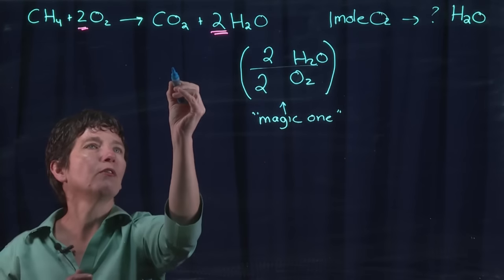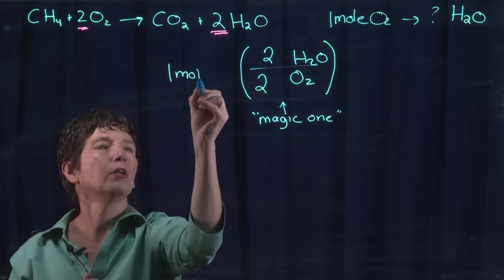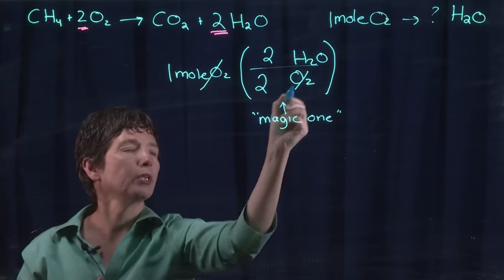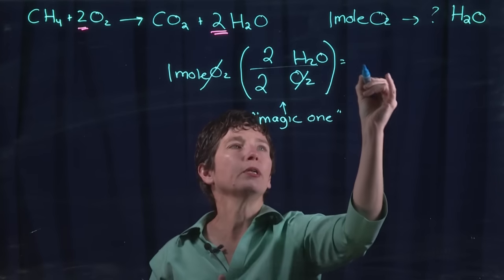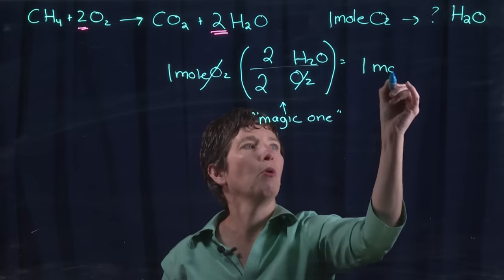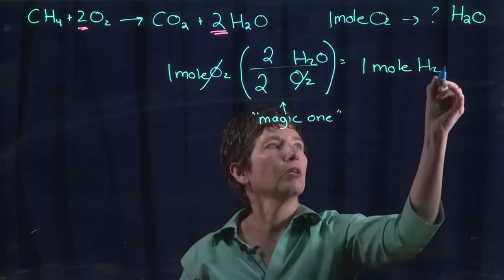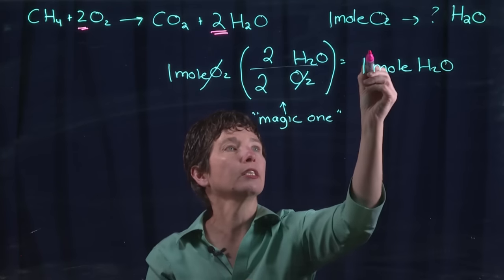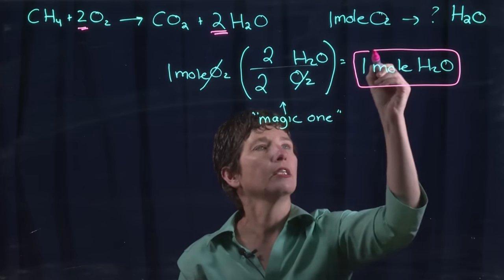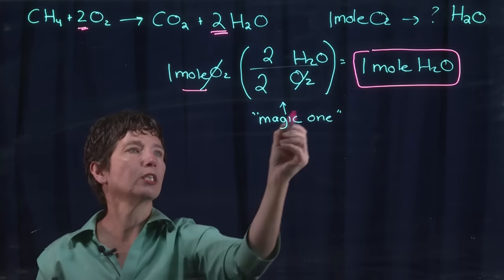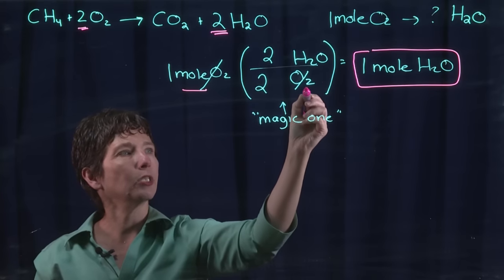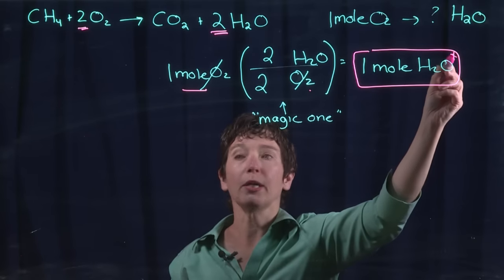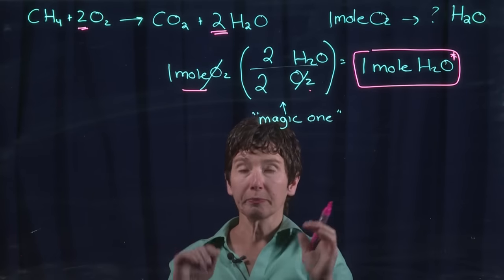Now if we have 1 mole of oxygen, moles of oxygen will cancel, and we'll be left with 1 mole of water. So that's maybe a little less obvious. Given 1 mole of oxygen, multiplying by the magic 1 that relates oxygen and water, we find out that we can make 1 mole of water.